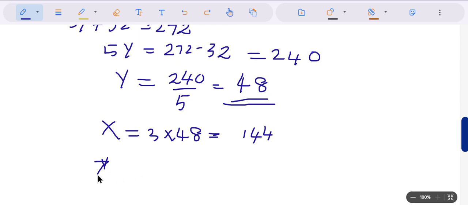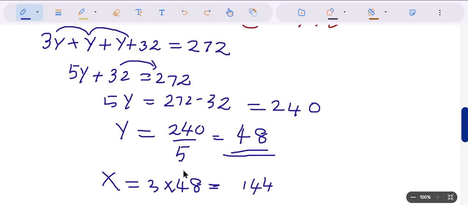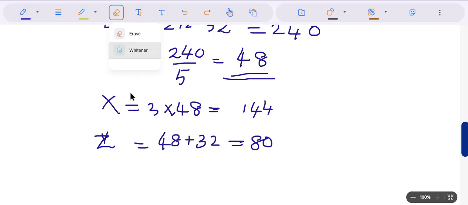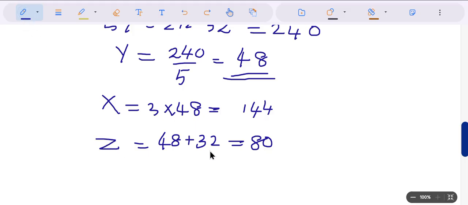Then z. Z equal to y plus 32, that is 48 plus 32, that is 80. So the total number of pop songs, rock songs, that also connects with equations, right?